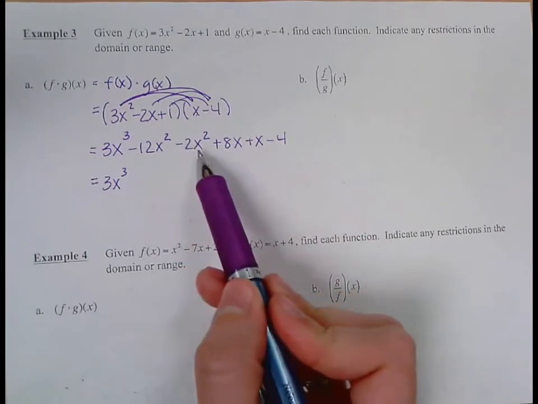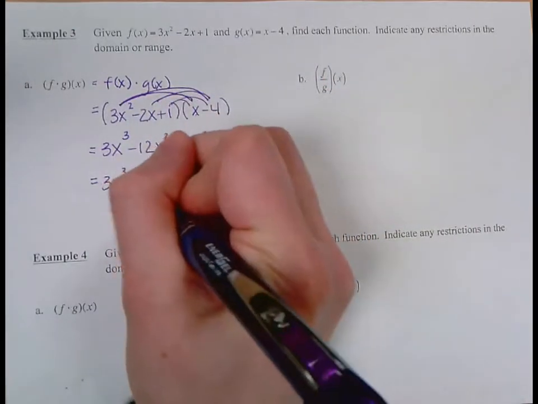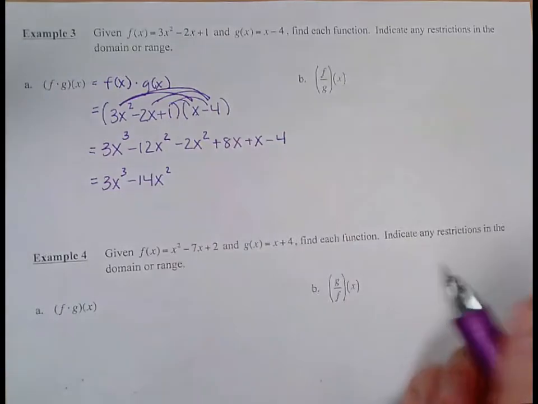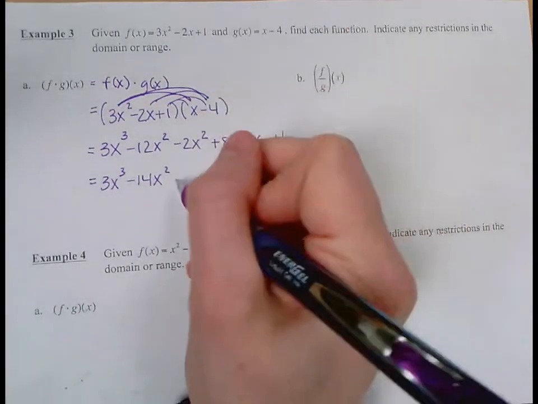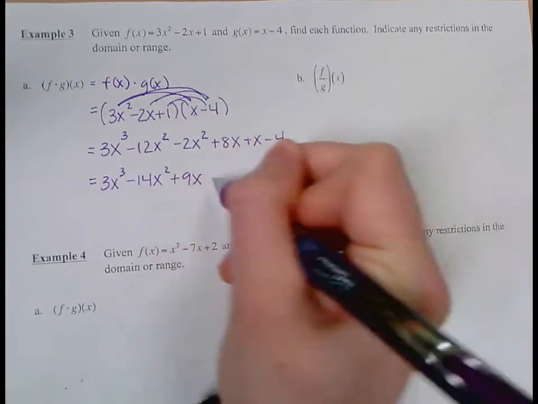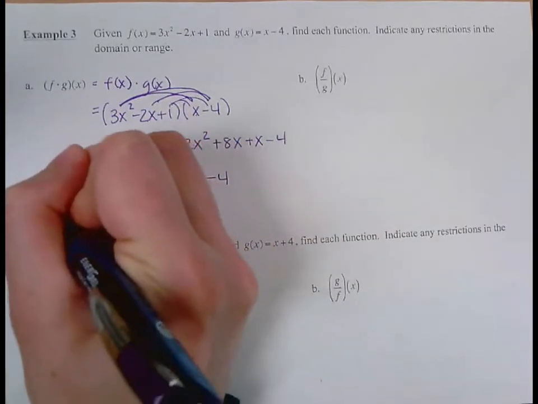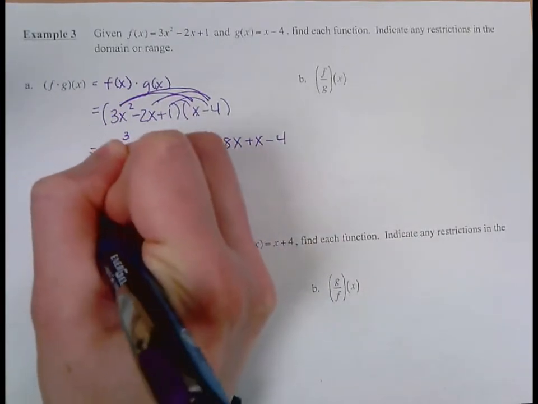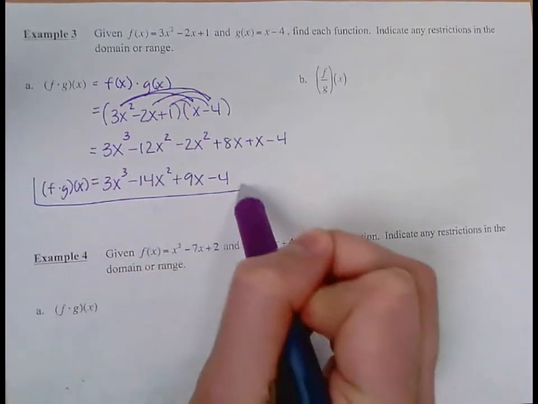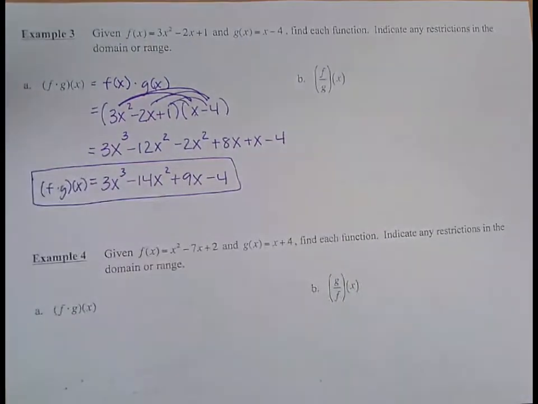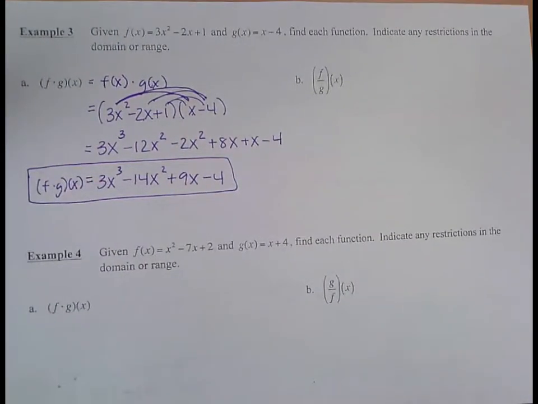I have a negative 12x squared minus 2x squared, so minus 14x squared. And 8x plus x, so plus 9x, and then minus 4. And that's f times g of x. Any questions there?